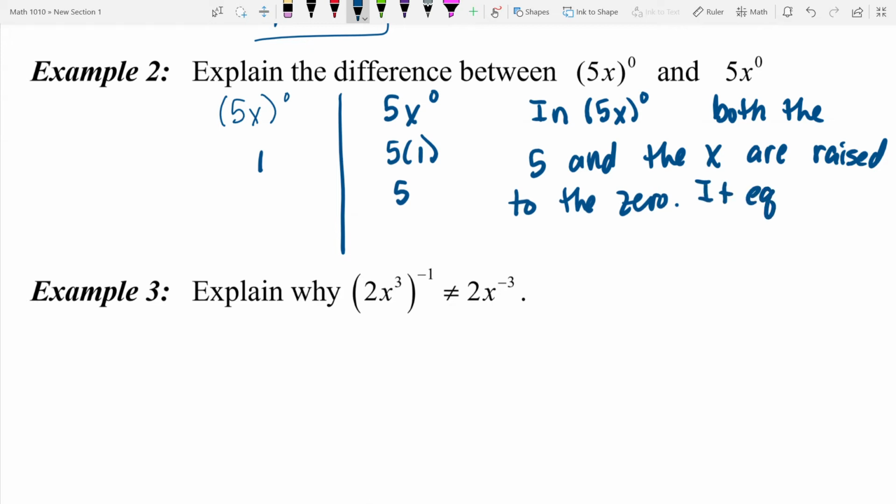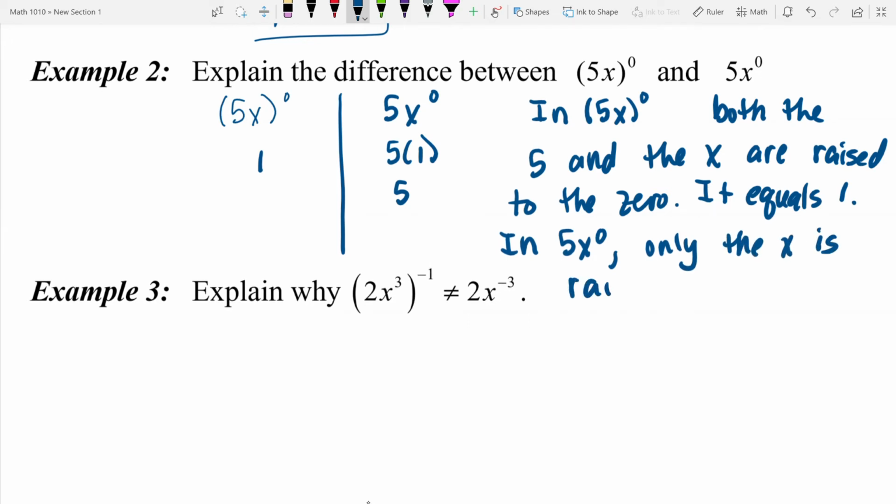It equals 1. Then I would say in 5x to the 0, comma, only the x is raised to the 0.